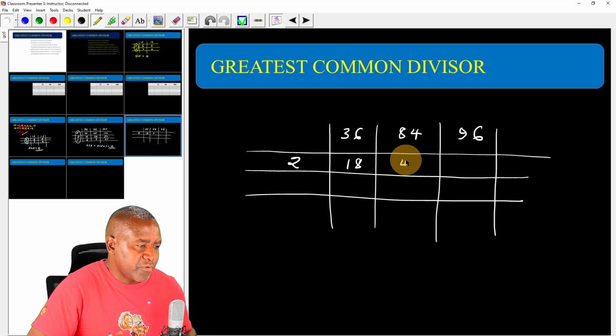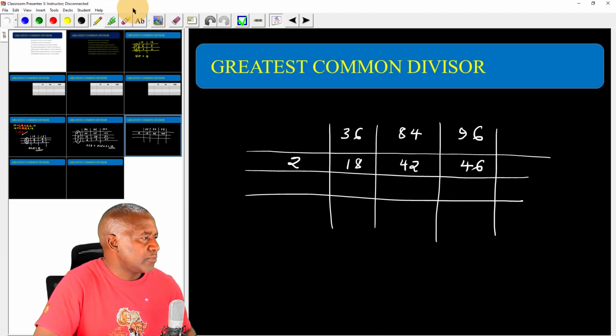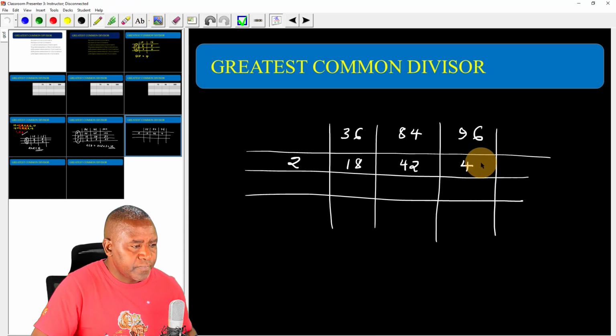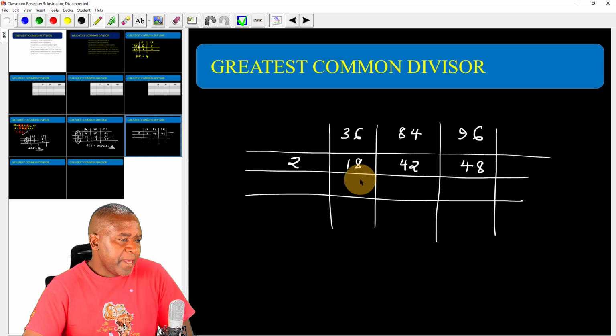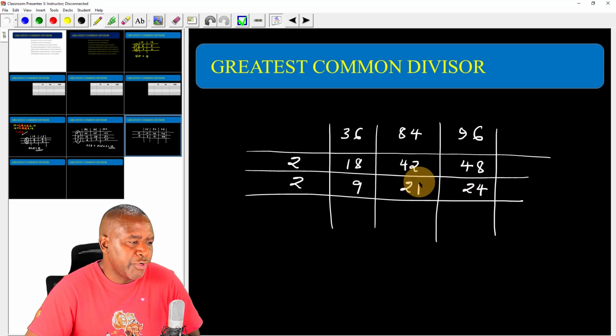This one gives me 42, and this gives me 45, I mean 48, sorry. It's supposed to be 48. Let's check 2 again. Yes, 2 can divide each one of these, and I get these numbers, and I get over here 24.